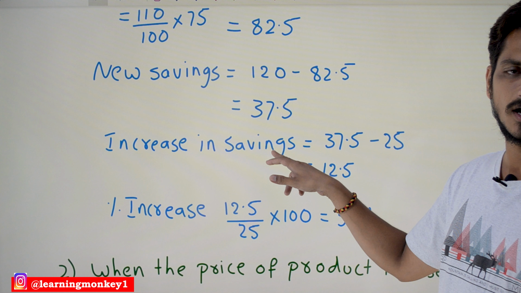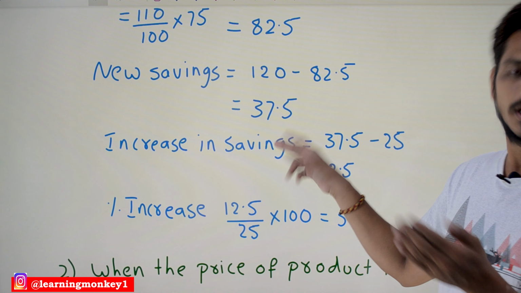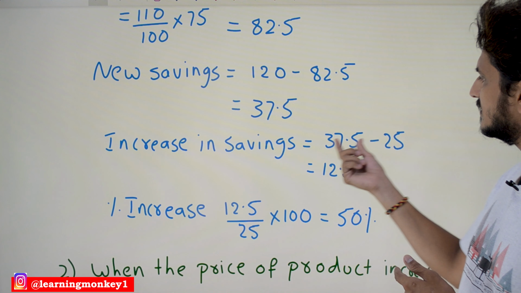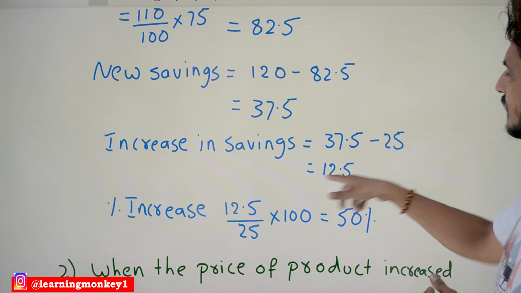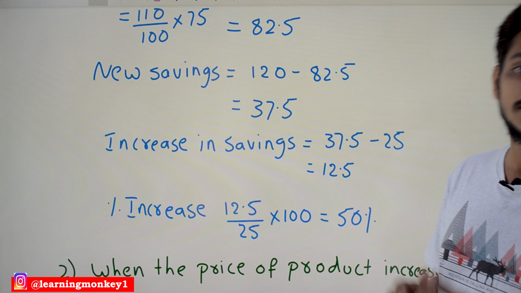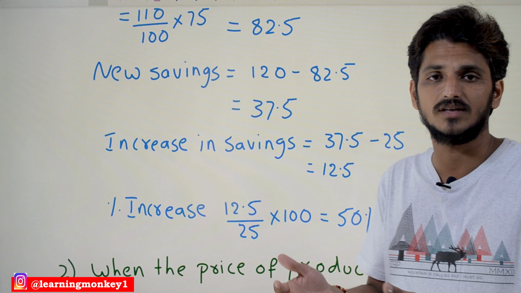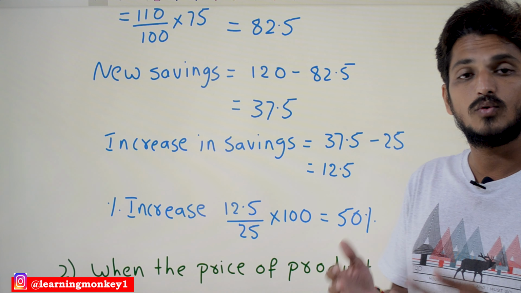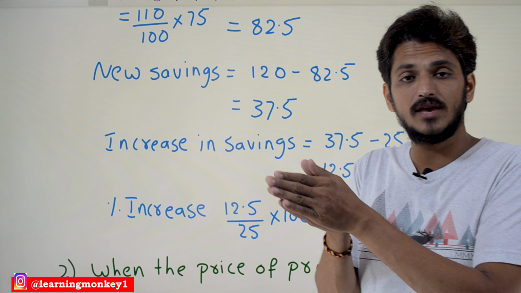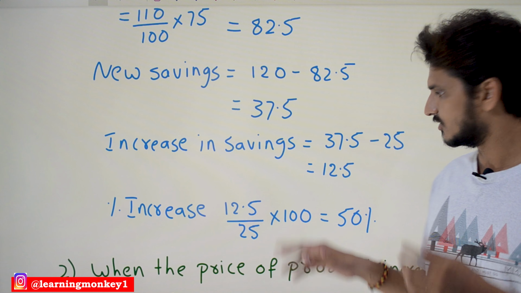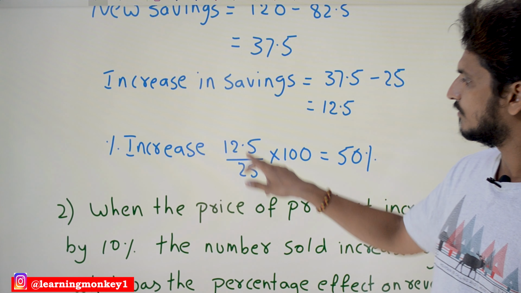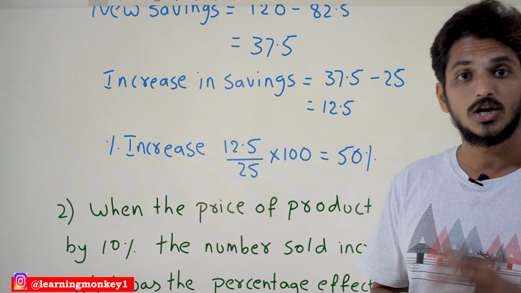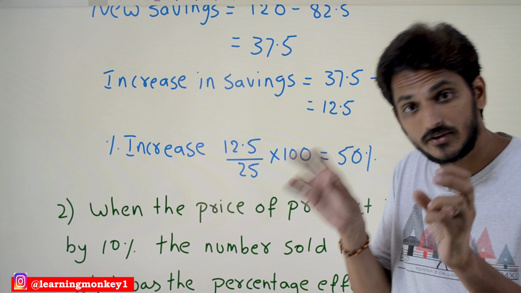Increase in savings: new savings minus previous savings. You are going to get the increase in savings. 37.5 minus 25, which is 12.5. This is the increase in savings. So what is the percentage increase in savings? How you get that? 12.5 by 25. 12.5 parts in 25 parts.